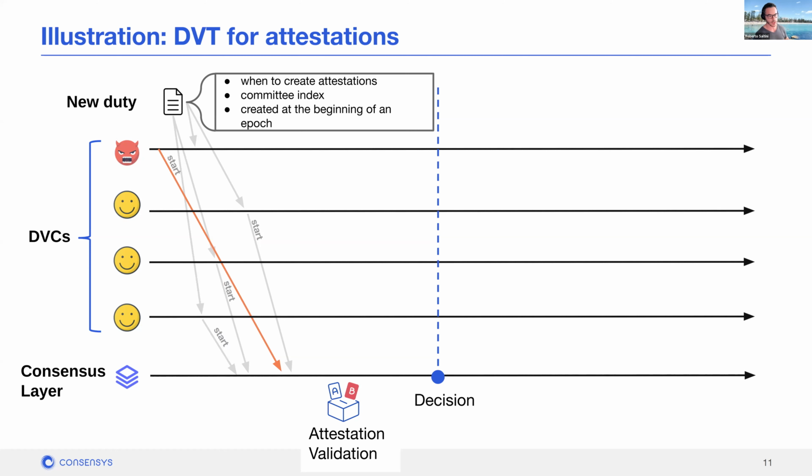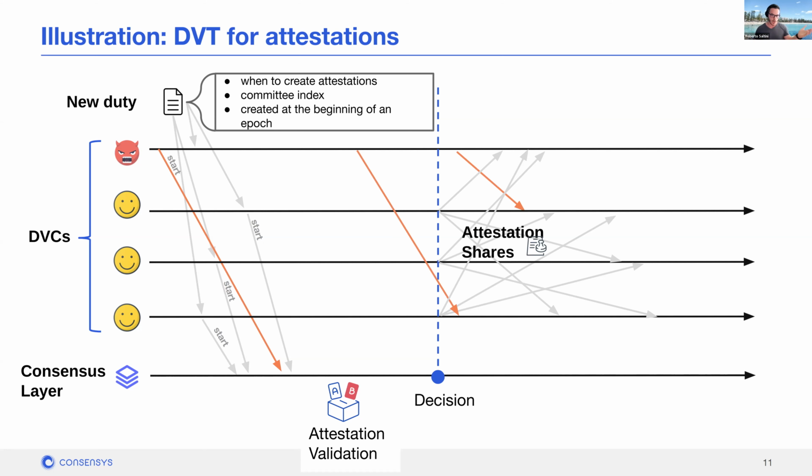At this point, each distributed validator client signs the decided value with their share of the sharded key, and sends this decided value together with the signature. It is broadcast to all the nodes in the network, and this is what in the distributed validator technology protocol is called attestation shares. Now, the malicious nodes don't need to follow this. They can try to send attestation shares earlier, or later.